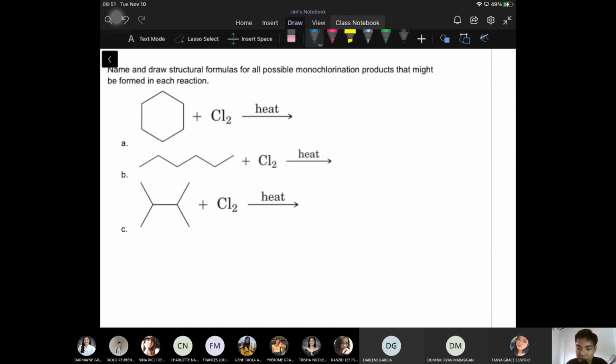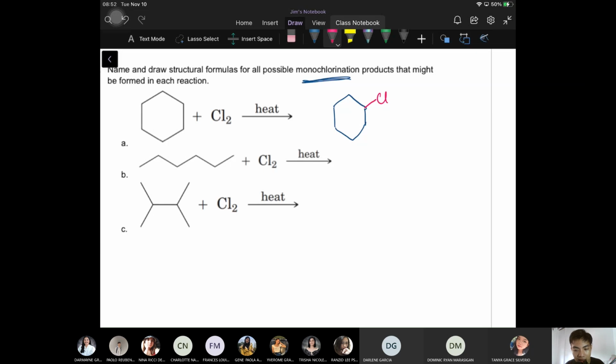So, isang hydrogen lang papalitan natin since sabi dito, monochlorination. So, for letter A, palitan lang natin yung isang hydrogen ng chlorine. So, basically, ganito lang yan. You draw your hexagon, replacing one hydrogen with Cl. Kaya nga monochlorination or monohalogenation, isang chlorine lang yung ilalagay mo.